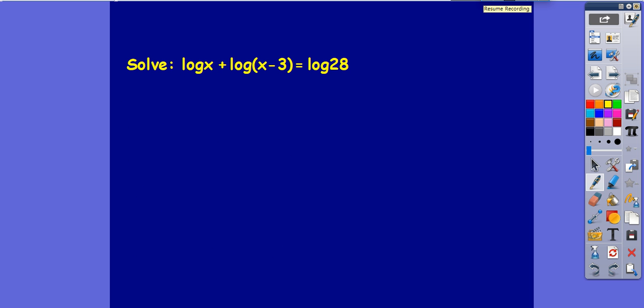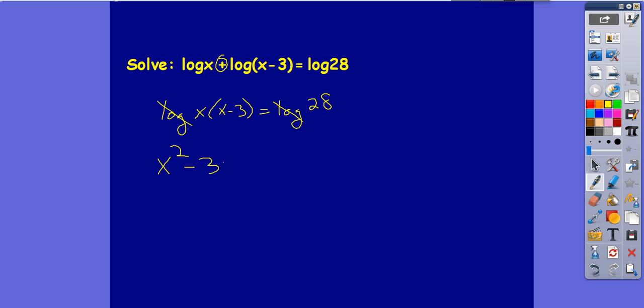Let's do 2 more problems real quick. Remember, a log has to equal a log, since they're all logs. And how do we combine addition? I combine it by multiplication. And once a log equals a log, as long as it's the same base, we can cancel it out. This is an x squared minus 3x, move the 28 over, minus 28 equals 0.